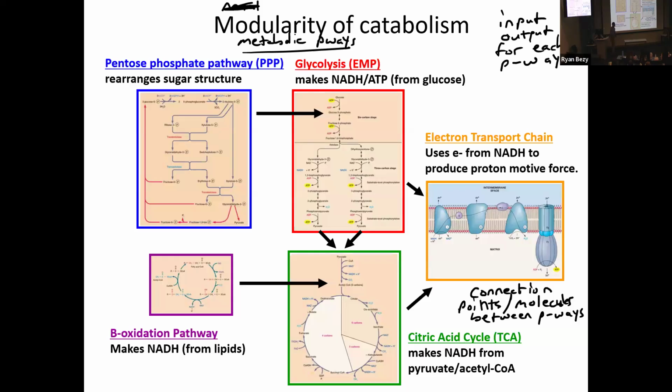Pyruvate. The pyruvates produced from glycolysis go into the citric acid cycle. What molecule connects citric acid cycle to electron transport chains? NADH. The NADH made from the citric acid cycle will then feed its electrons into the electron transport chain. So NADH is the connection molecule between them. Okay. So you should know the connection points between these as well.